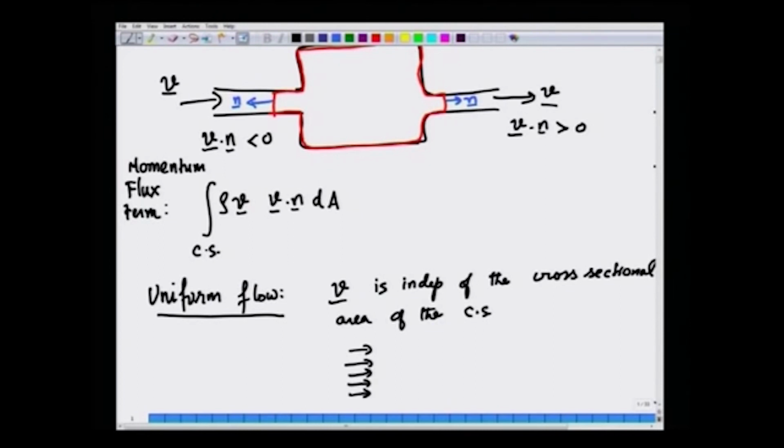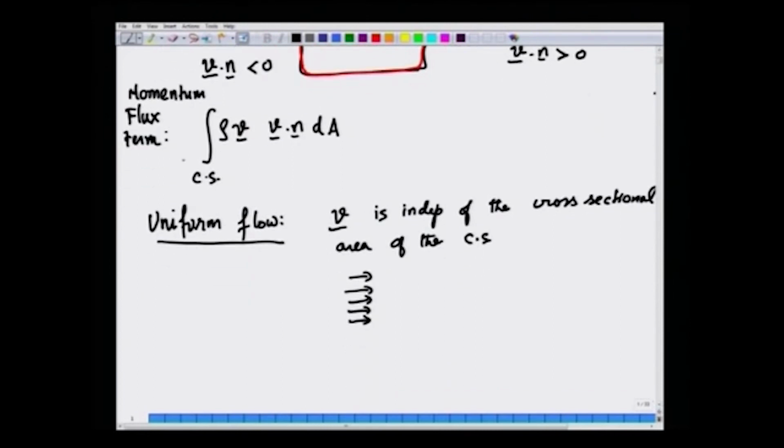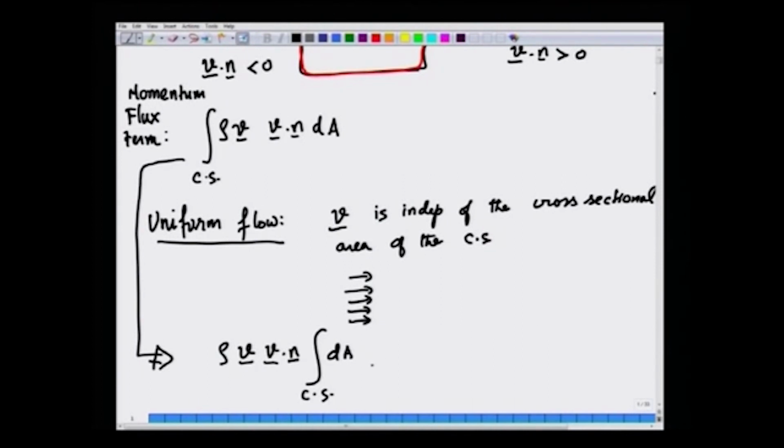So, you can pull it out, and this will simplify to the following: rho v v dot n integral over the CS, over all control surfaces, dA. And this is simply now rho times v dot n is essentially, let me just complete this.